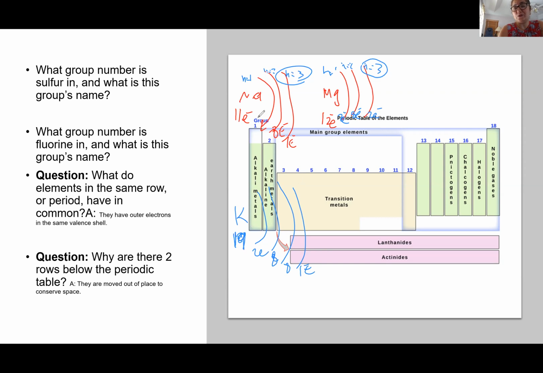So between sodium and potassium, sodium is in row 3, and potassium is in row 4. So potassium has valence level 4. Calcium in row 4 has 4 energy levels, and the valence electrons go to n equal 4. That's the difference based on the electron configuration.